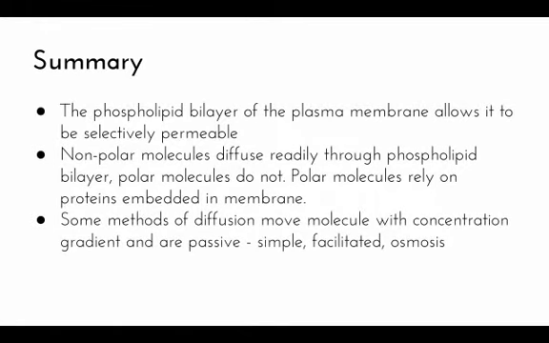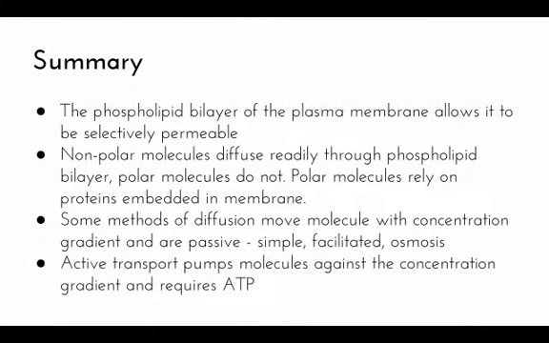Some methods of diffusion move molecules with the concentration gradient and are passive, so that's simple, facilitated, and osmosis. But some methods require ATP, adenosine triphosphate, to actively pump these molecules against their concentration gradient.